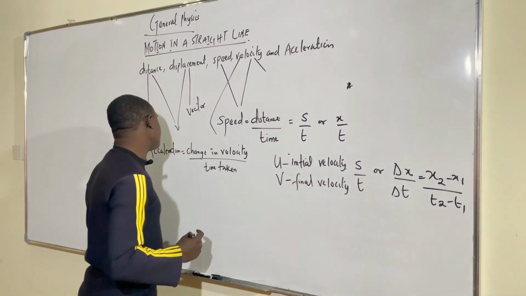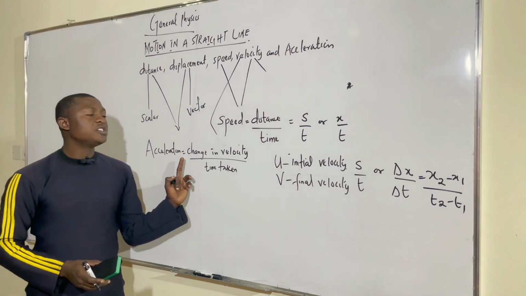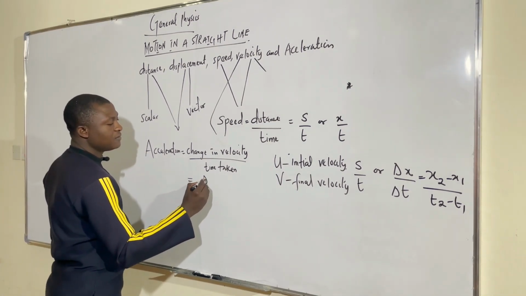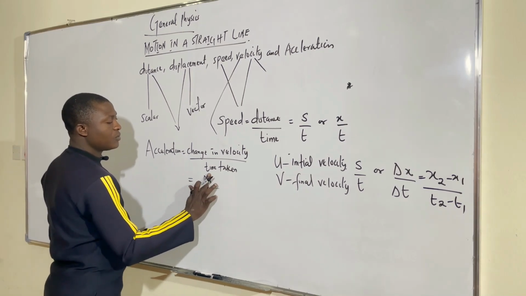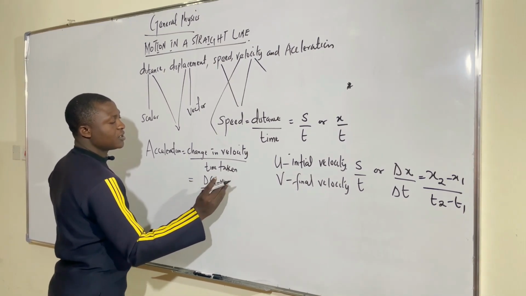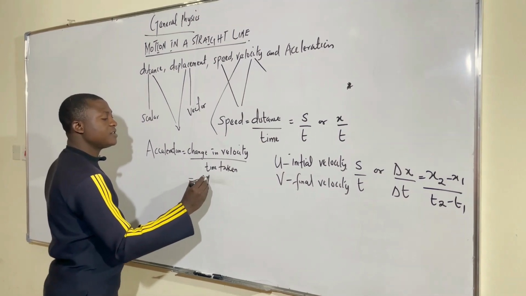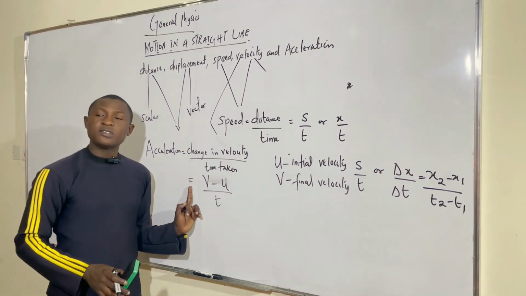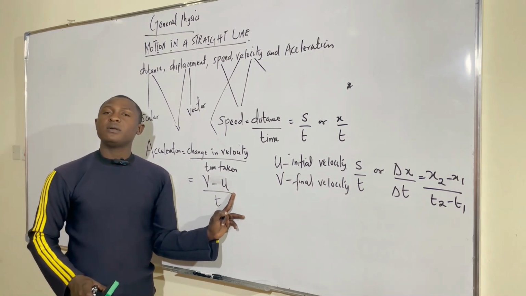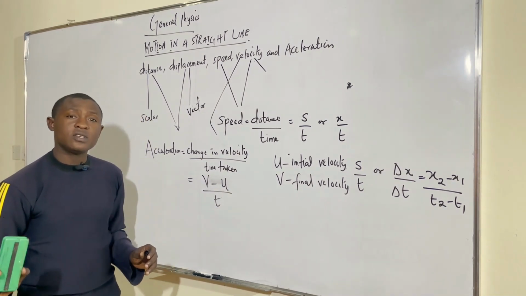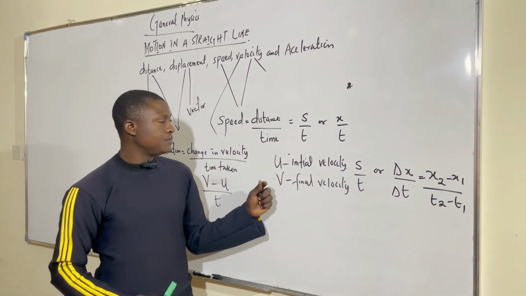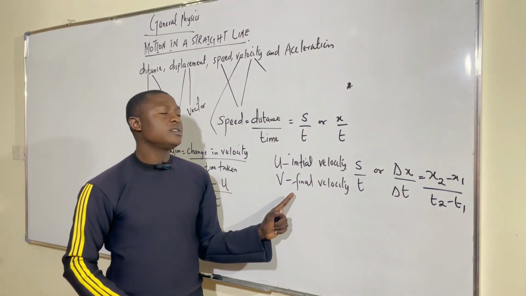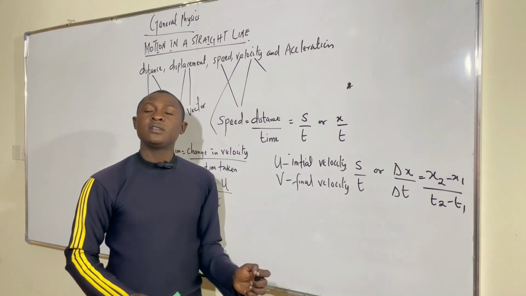From the definition, acceleration is the change in velocity over time taken, meaning here we can have change in v, or we can say v minus u over t, that is, the final velocity minus initial velocity over time taken. So please, you have to take note of this symbol. Whenever we see u, u simply means initial velocity. At the same time, whenever we see v, the v simply means the final velocity.